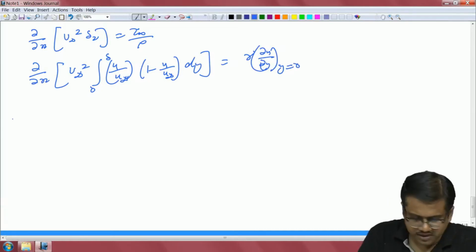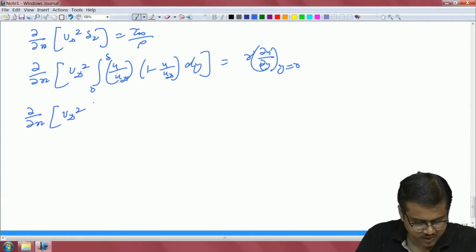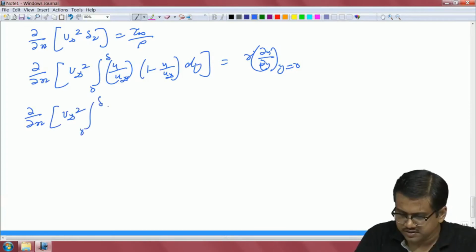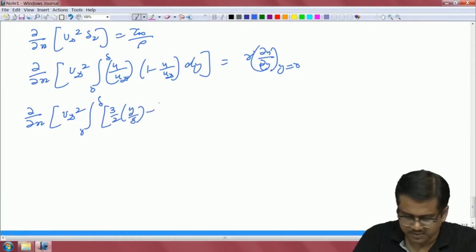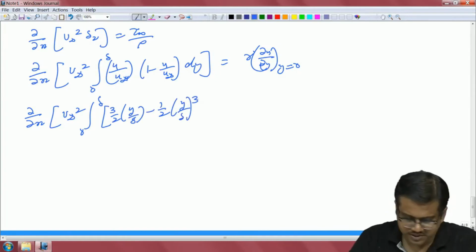So, now you plug in all the parameters: u infinity square, integral 0 to delta, of 3 by 2 y over delta minus half y by delta cube, that is the first term.